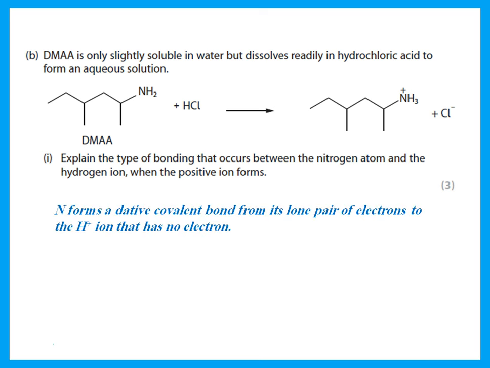Remember, this is the kind of reaction in which we have a dative covalent bond, because the lone pair on the nitrogen will be used to form a bond with the H+ ion that has no electron on it. Remember, this kind of bond is called a dative covalent bond.